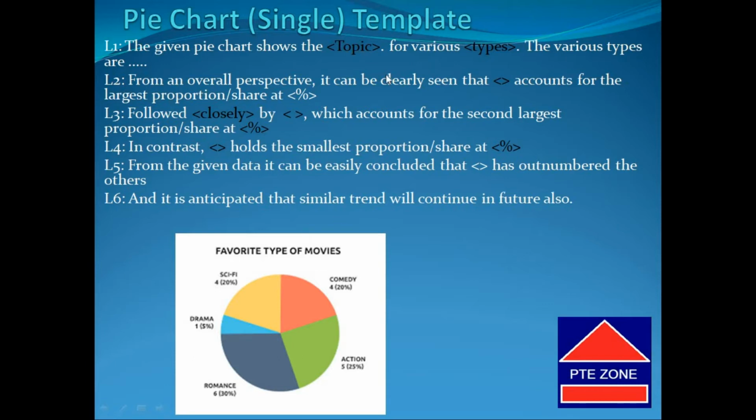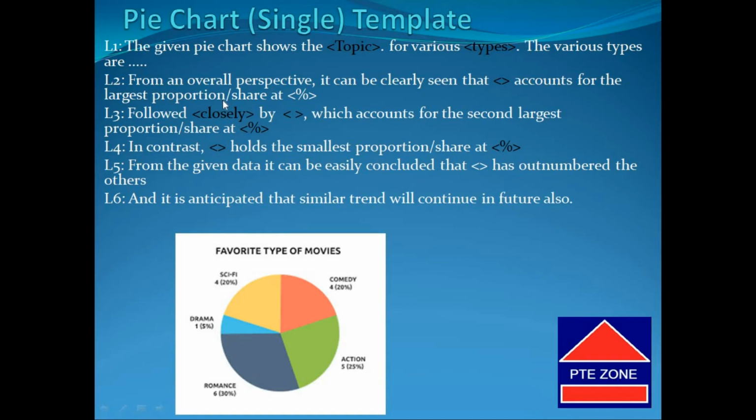From an overall perspective, it can be clearly seen that, and this is where you will talk about the maximum share, whatever type has the maximum share. So for example, in this scenario, you can see romance has the maximum share. So I would say, from an overall perspective, it can be clearly seen that romance accounts for the largest proportion at 30%.